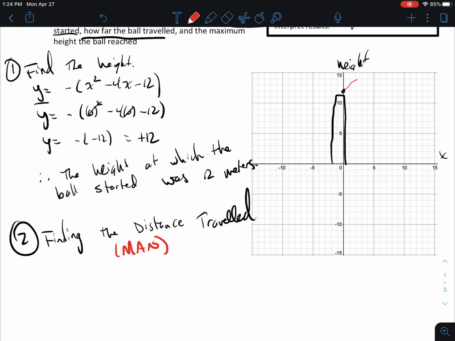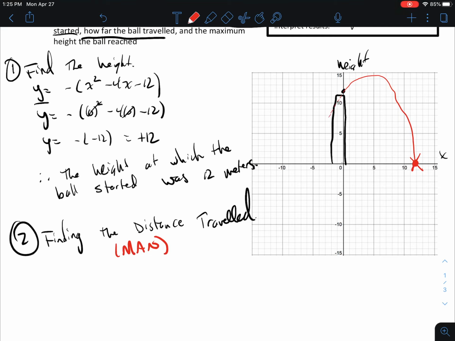If you picture for a sec, I'm going to throw this ball, and it's going to come up and come down somewhere. I don't know where, but it's going to come down and make contact with the ground.